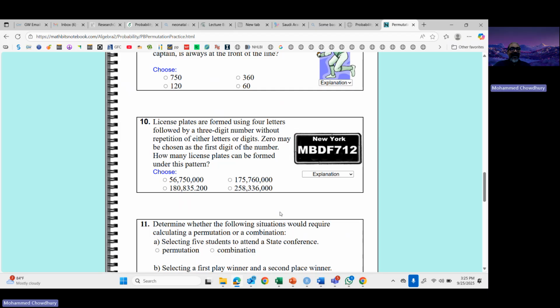So that means 9... formed using 4 letters followed by 3-digit numbers without repetitions of either letters or digits. So that means 10, 9, 8 times 26 times 25 times 24.